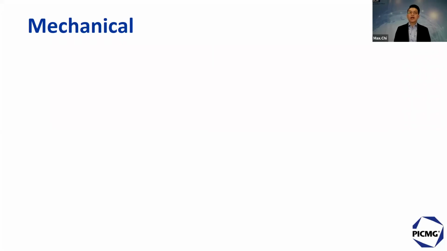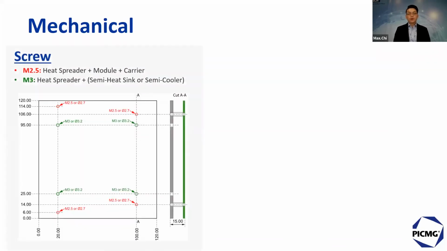Then let's talk about mechanical. Before explaining this picture, I would like to highlight one thing first. COM-HPC only defines the heat spreader as a standard thermal solution. However, COM-HPC leaves the option for module vendors like us to make a semi-heatsink or semi-cooler to be used on top of the heat spreader.